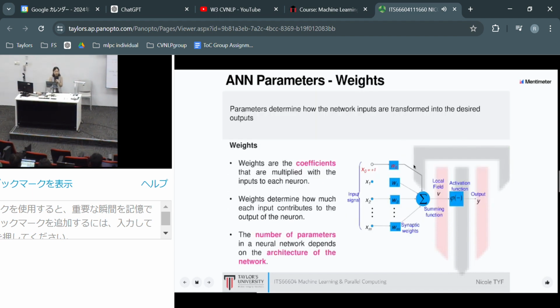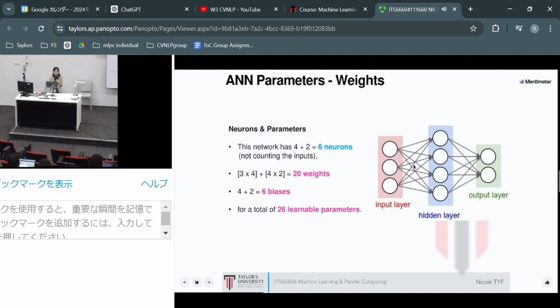Therefore, this little architecture here will have to learn a total of 26 parameters, 26 learnable parameters. Okay? So when it comes to deep learning, these numbers will add up to over 1 million parameters, which is why it sometimes takes time to learn, train and predict. Yeah? This is the underlying logic behind the total number of parameters which we are trying to learn.